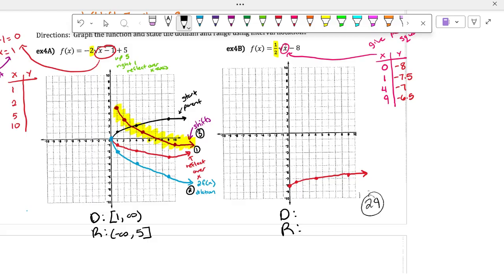Lowest x, 0, goes to infinity. Lowest y, negative 8, goes to infinity. You guys kind of see a pattern going on? If you notice it, their vertex, just like with a quadratic graph, kind of tells you where your domain and range is at.